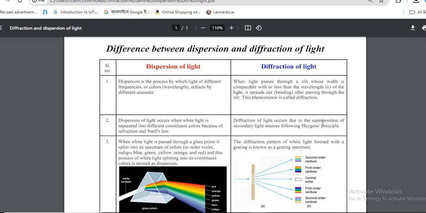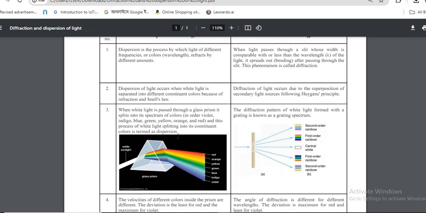Now what is diffraction? Diffraction of light occurs due to the superposition of secondary light sources. Dispersion follows Snell's law, the case of refraction, whereas diffraction is the case of superposition of secondary light sources.